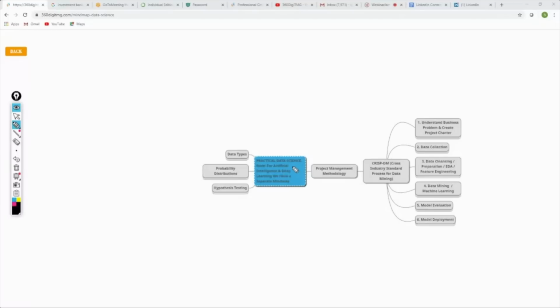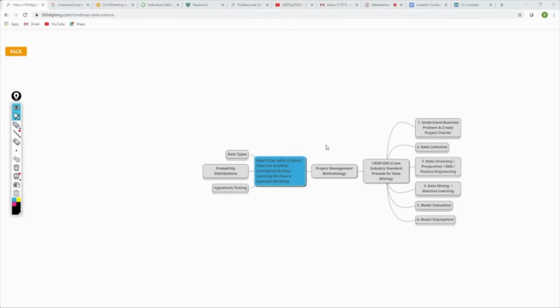When it comes to your data science projects or artificial intelligence projects or big data projects, people typically use CRISP-DM. When you follow a structured approach, more or less your success is guaranteed. Hence, we would be using CRISP-DM.